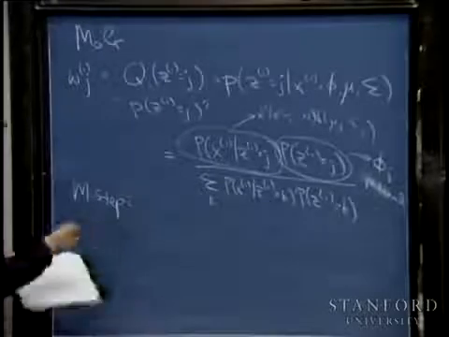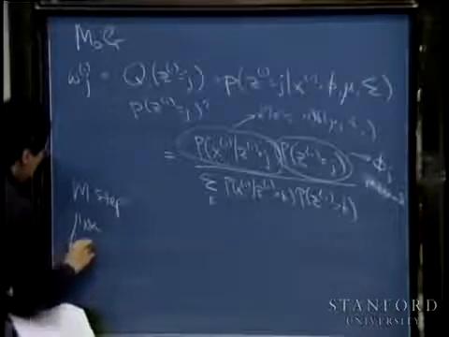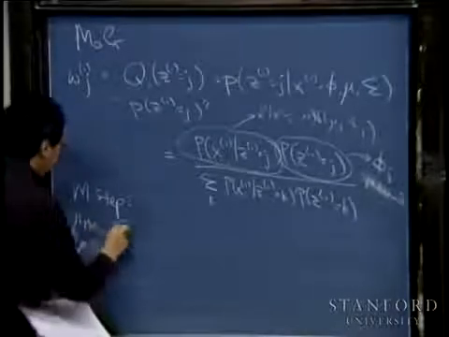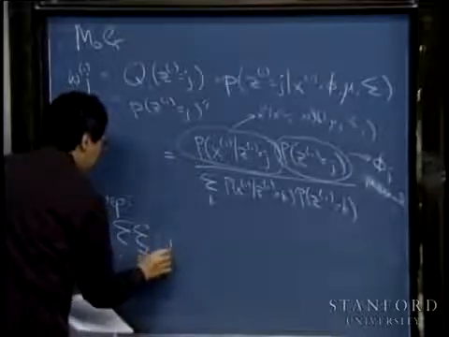And then in the M step, we maximize with respect to all of our parameters. I seem to be writing the same formula down a lot today.